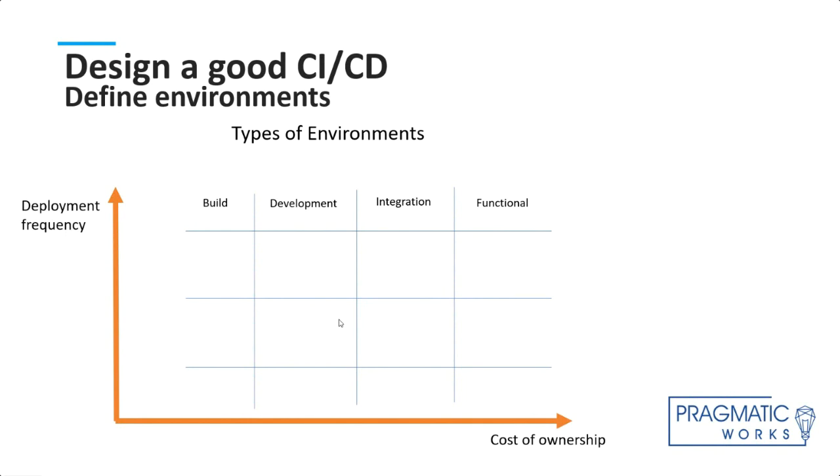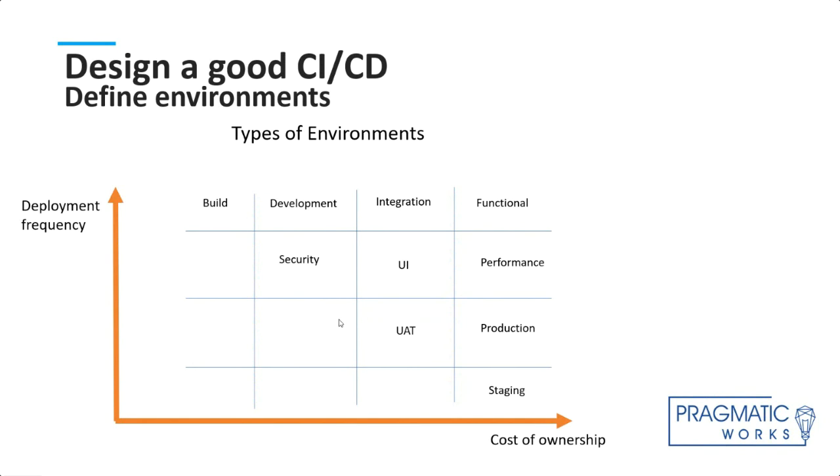Also, we have functional environment, which is mostly using for running functional testing, which is also split out from other environments because it can be done in a parallel way with integration, for example. We also can have security, UI, and performance environments. I will talk about them a bit later. We also can have UAT and production, and the latest is staging environments.